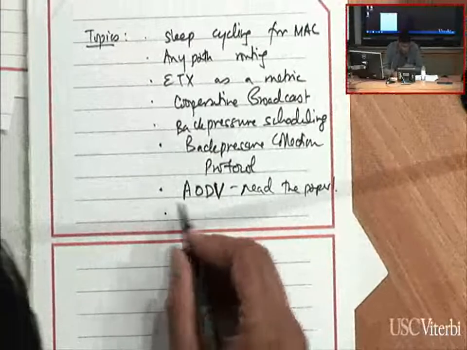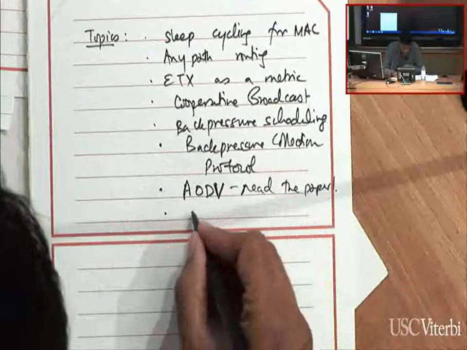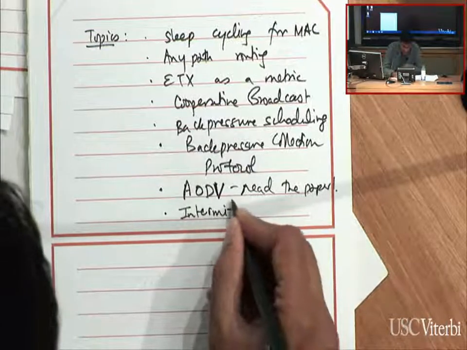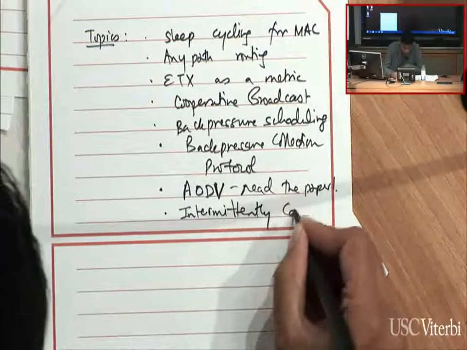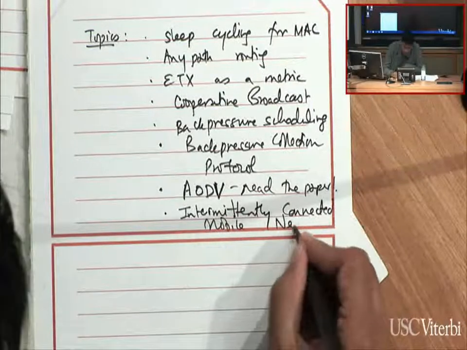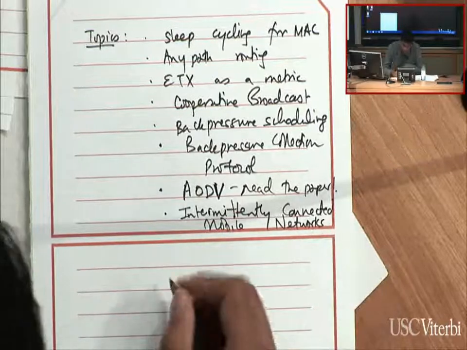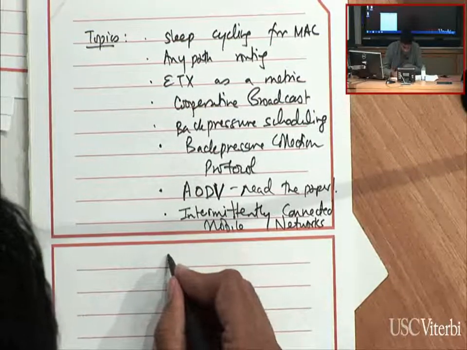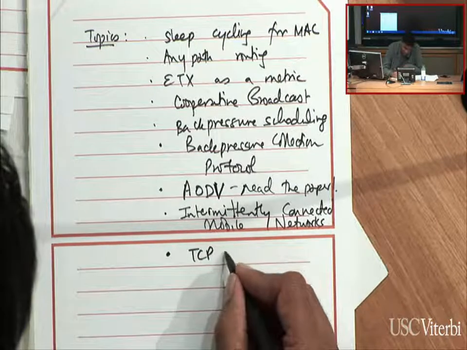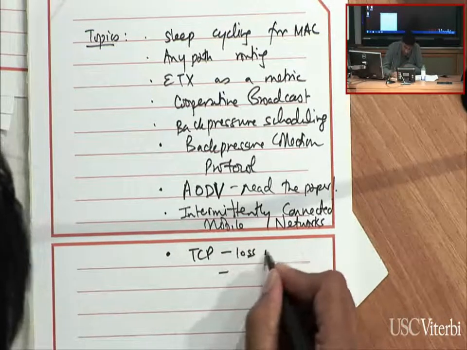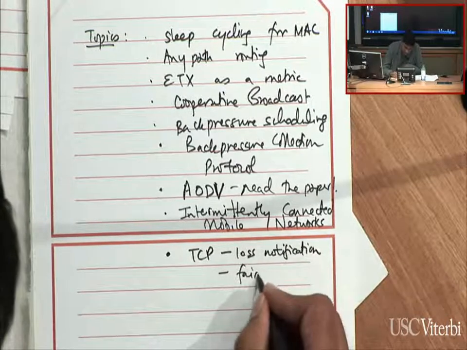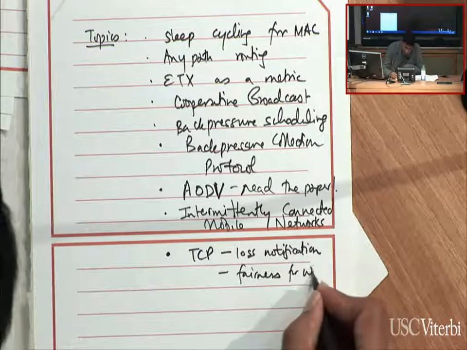In addition to this, coming up we're going to talk about intermittently connected mobile networks, and a little bit about TCP. There are two sets of issues: one is called loss notification, and fairness for wireless.